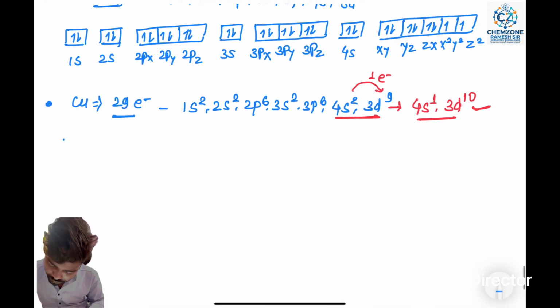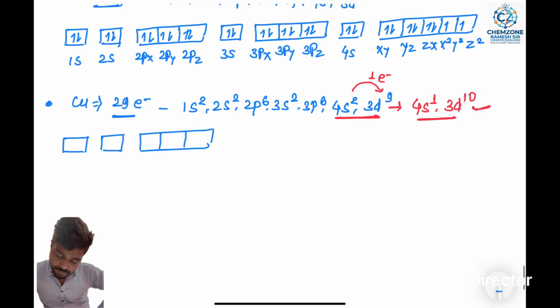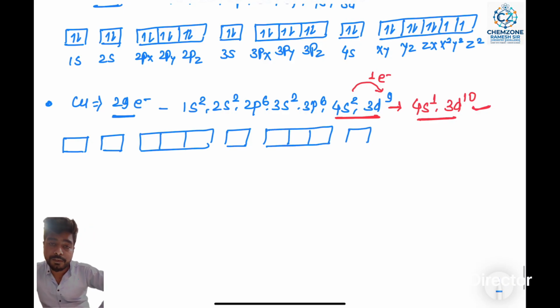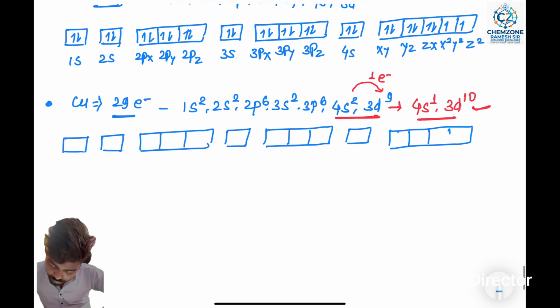So here it will be 1s, 2s, 2p, 3s, 3p, 4s, 4p.